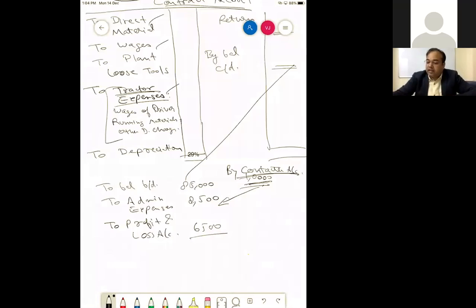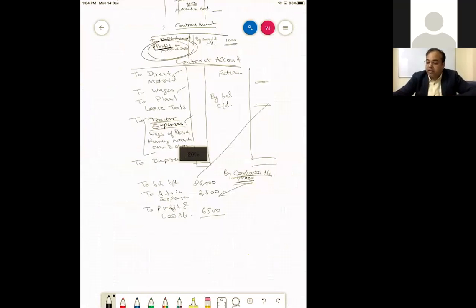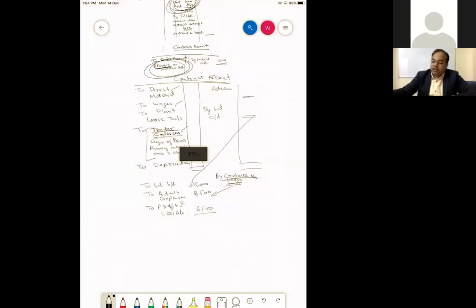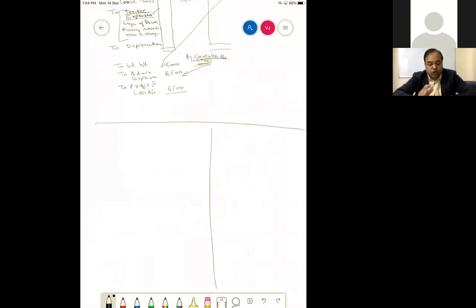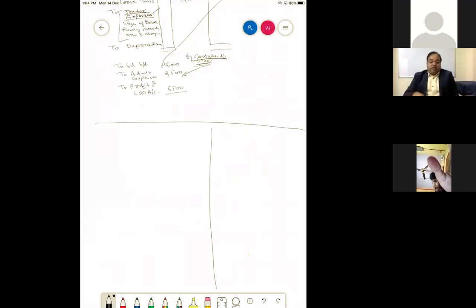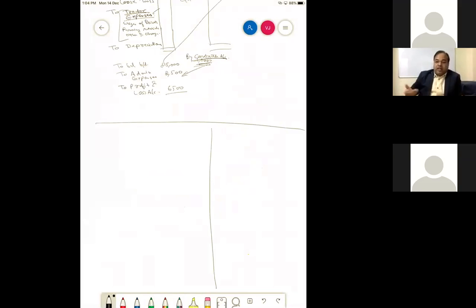And in the next class, we would be showing that on your left hand side, what you are going to write: material, wages, any store issued, or if there are any loose tools, any tractor running expenses, any indirect expenses, any depreciation, that you write on your left hand side.